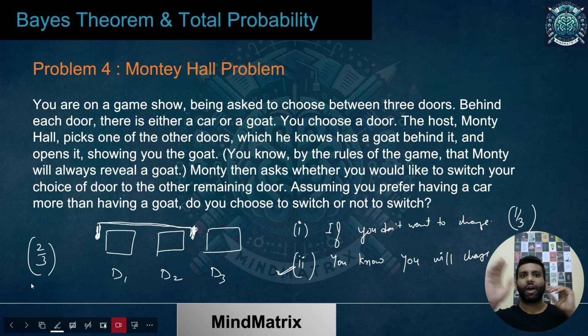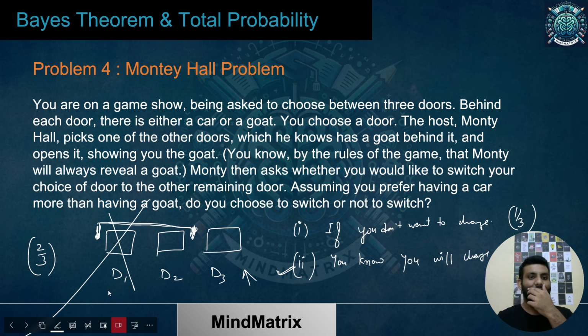I am sure that behind D1 or D2 there is a car. So I will pick D3. Why so? Because when I pick D3, the host will open one of these doors and show there is a goat behind it. In that case, I will be sure that I would like to go with the other one, because I know I will change my decision.